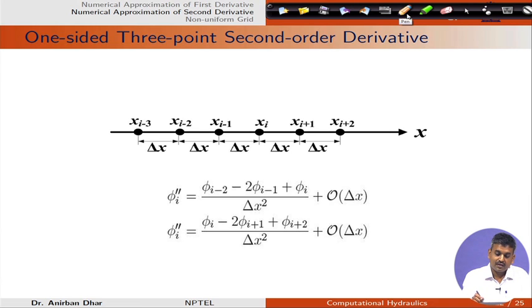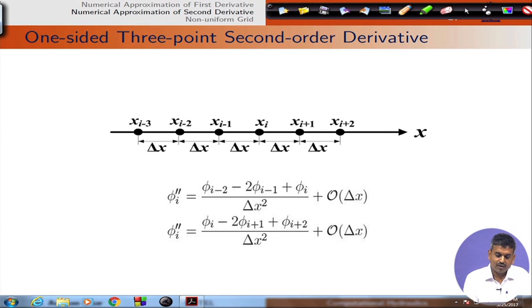That means, first case I minus 2, I minus 1, I, and next case we are getting this order of accuracy, which is del x in this case.